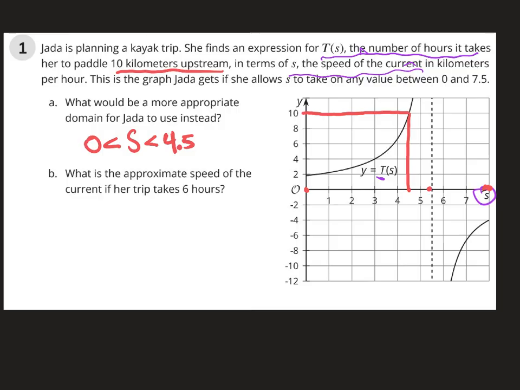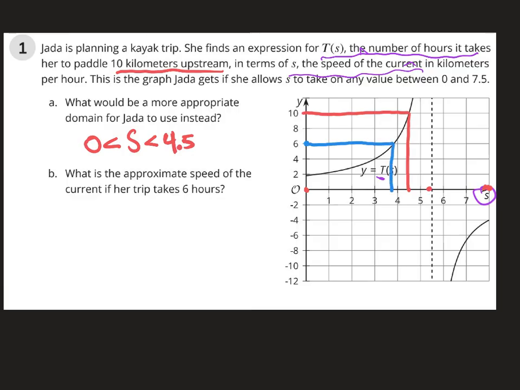What is the approximate speed of the current if her trip takes 6 hours? So now, speed is on the y-axis, which is backwards for most graphs. But now, 6 is the time. So if her trip takes 6 hours, we come over, we touch the graph, and then we come down.